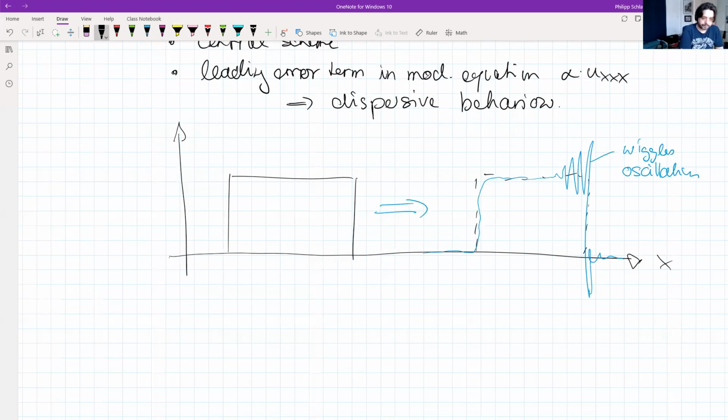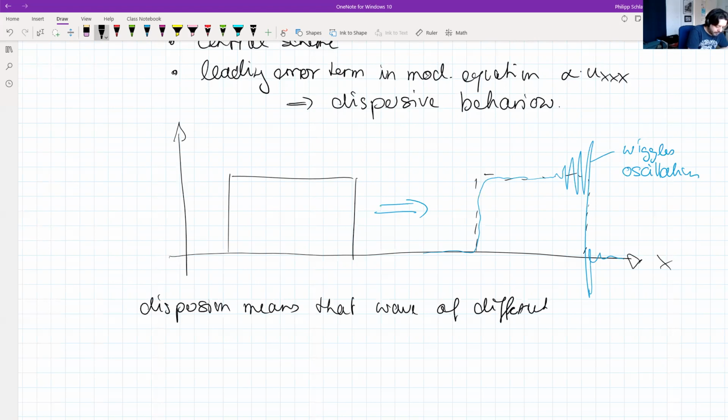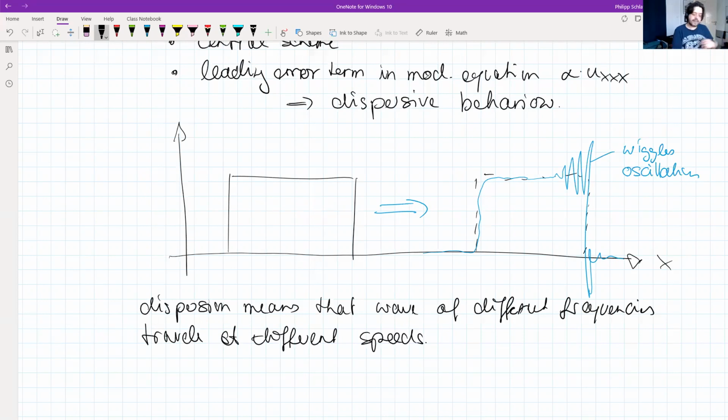What does that mean? Just to give a very quick explanation: dispersion means that waves of different frequencies travel at different speeds. And why is this a problem?